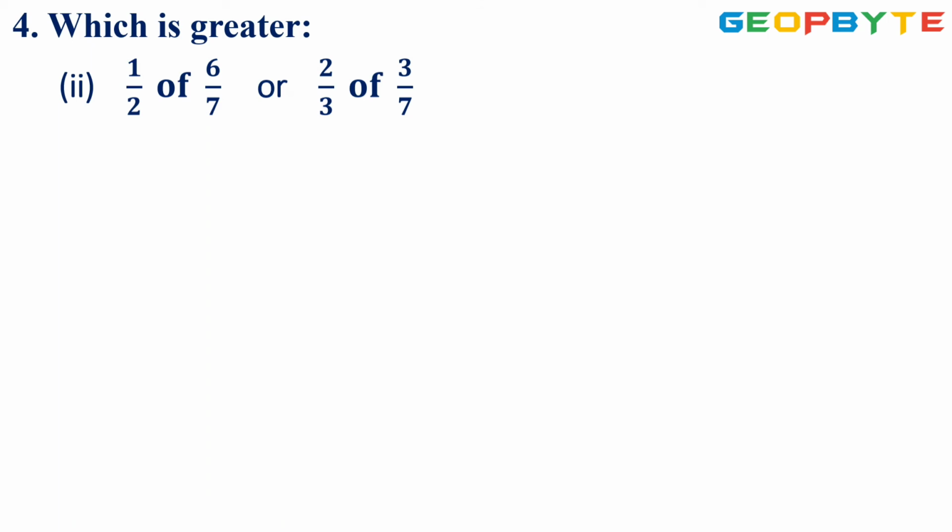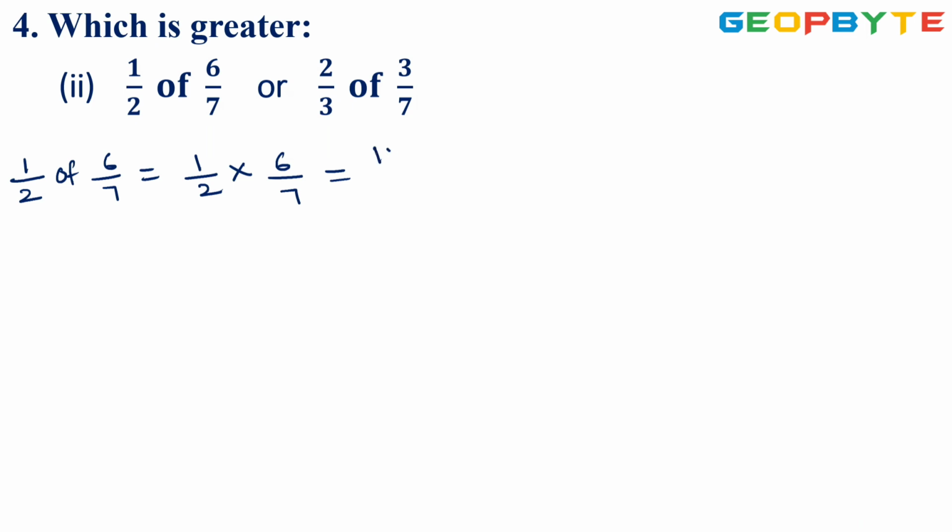So first we need to find the result of 1 by 2 of 6 by 7, which is equals to, 1 by 2 of indicates that it's a multiplication. So 1 by 2 into 6 by 7. So which is equals to, by the rule of multiplication of a fraction, product of numerators by product of denominators.